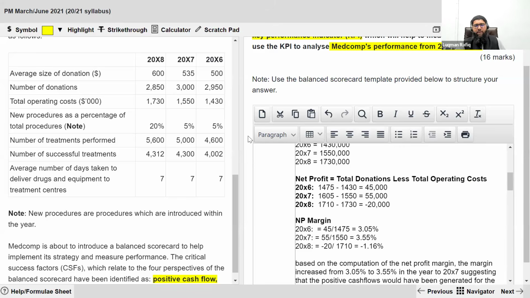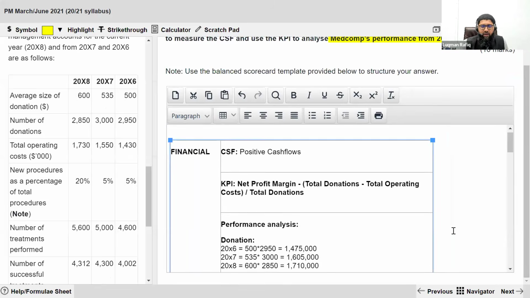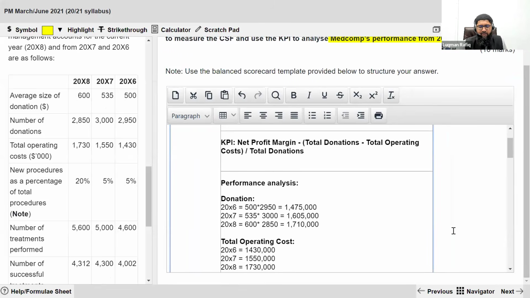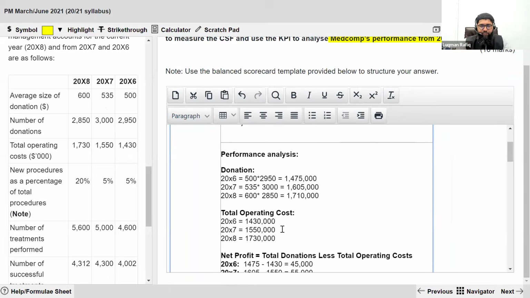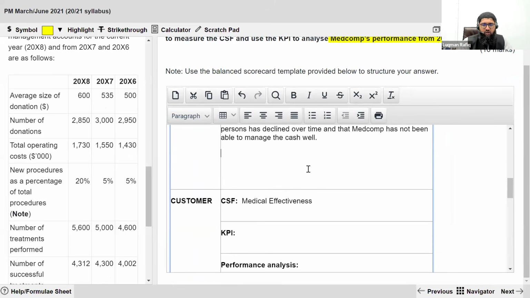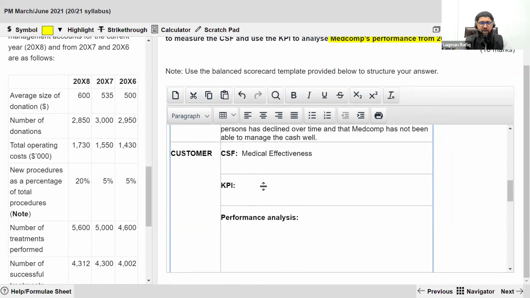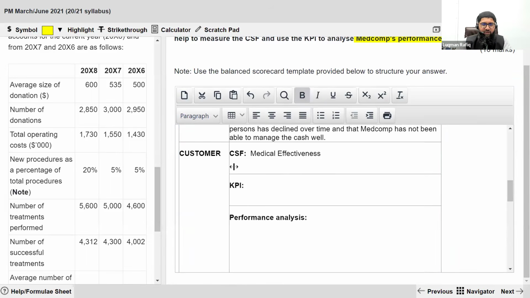So you're going to write down the answers to each one of these questions, and the way to write down the answers is going to be like this. You get my point? Now I will do the calculations for the next one, which is the customer, medical effectiveness.